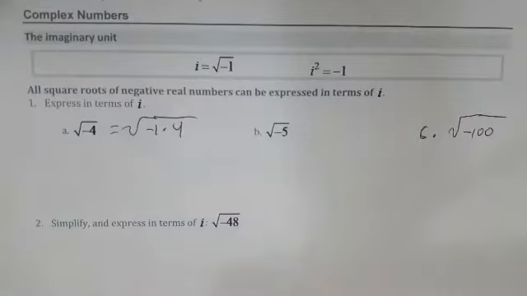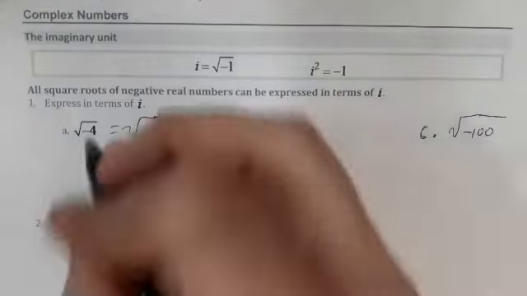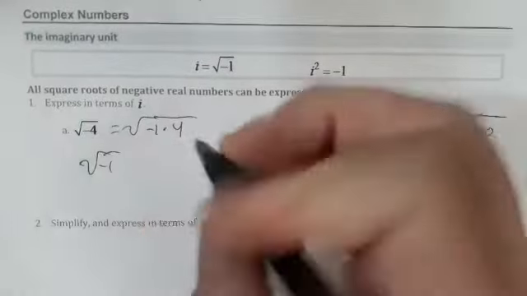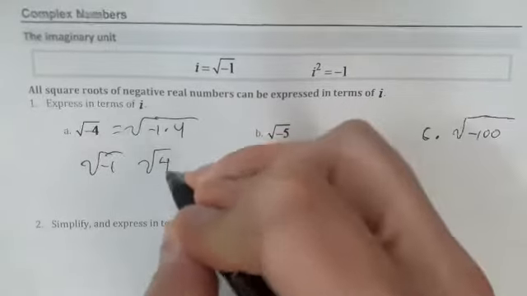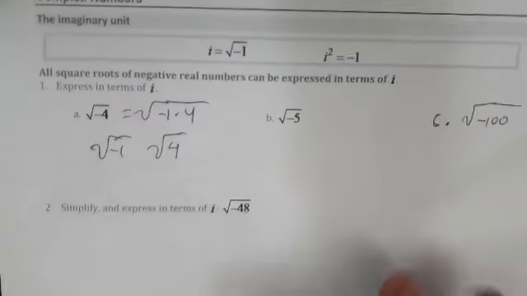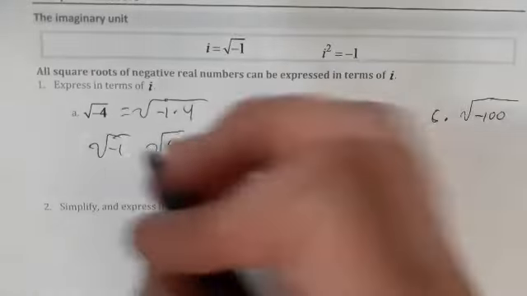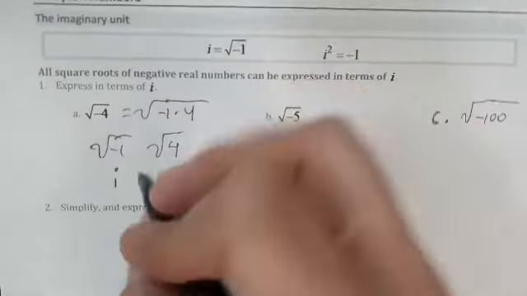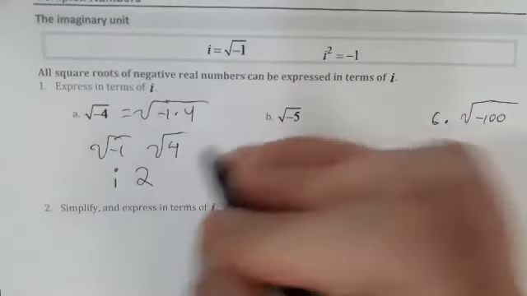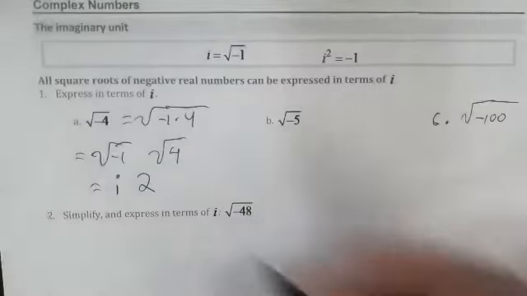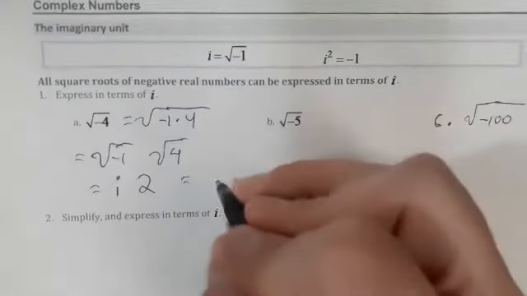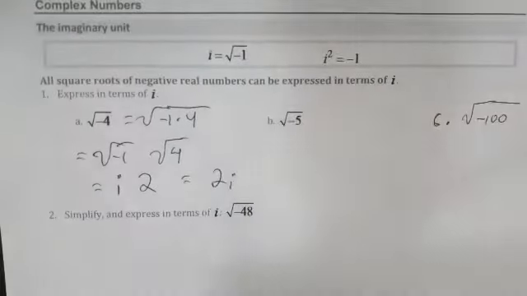I always want to pick out that negative thing first. So always look at the negative, pick it out. Look at the 4. Square root of minus 1 is giving me an i, square root of 4 is giving me 2. I'm not usually going to write i2, I'm going to be writing 2i.